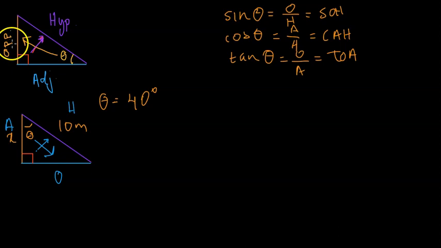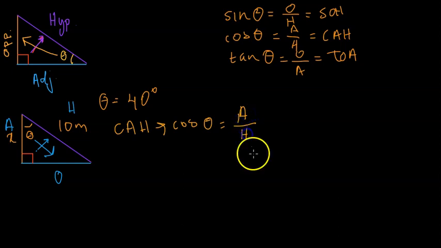So with that in mind, what side length are we actually trying to find here? We're trying to find the adjacent side length. So when we have the adjacent side length that we're trying to find, and we've been provided with the hypotenuse side length, we should be using CAH. This is going to be a CAH question. CAH means cos theta is the adjacent side length that you're trying to find, divided by the hypotenuse.